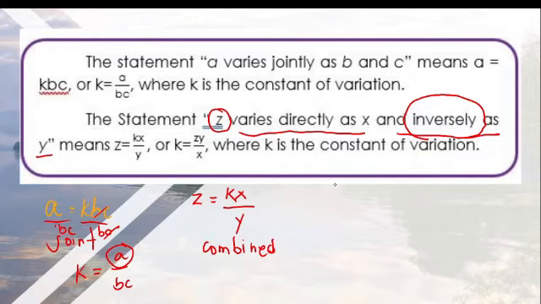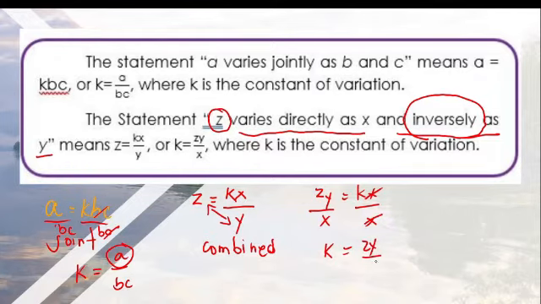In terms of combined variation, to get the constant, we first cross-multiply the two sides, so that becomes zy = kx. Since we want the constant, we divide both sides by what goes with the constant, which is x, so we can cancel this x. What remains is k = zy over x.